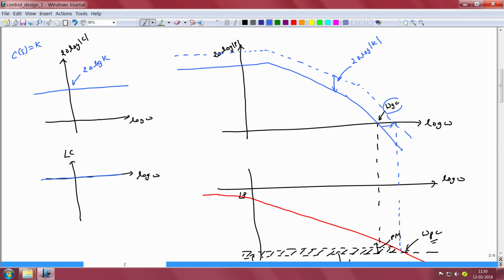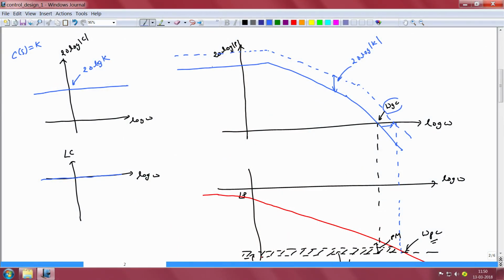Therefore, the utility of a proportional controller is rather limited, because you have only a modest increase in gain possible in order to ensure that the closed loop system is still going to be stable, we also end up having to achieve very low increase in gain in the low and the mid frequency regions.